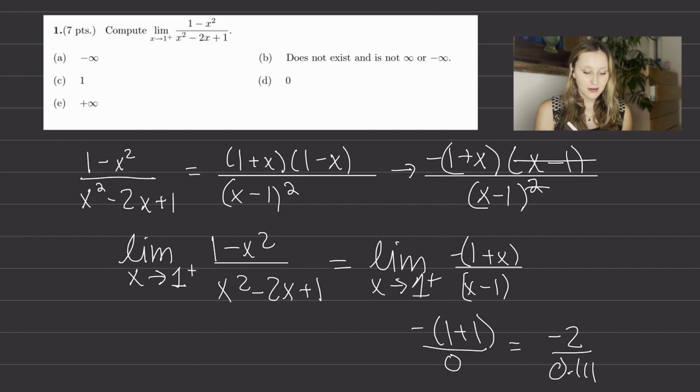That's going to be negative infinity. So that is our answer. Period. Good job. So, yes, there was some estimation there, but that's allowed because it is multiple choice and it is the right answer, okay? So let's move on.